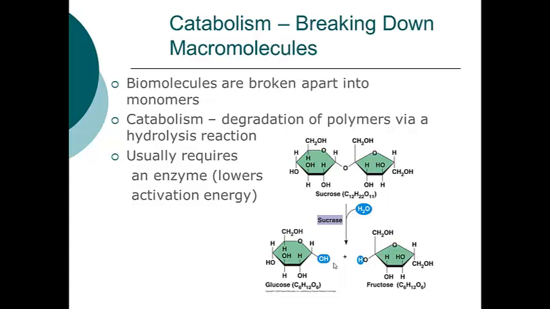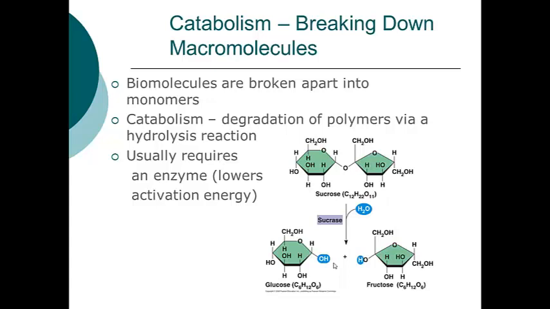This specific type of reaction is called hydrolysis, and you may remember that hydro means water and lysis means to break. And so in this case, water is broken down into a hydrogen and an OH, and in the process it frees that dimer into two individual molecules.